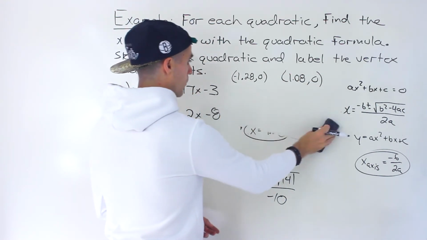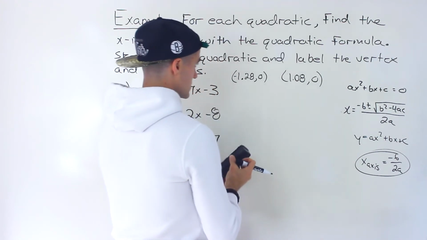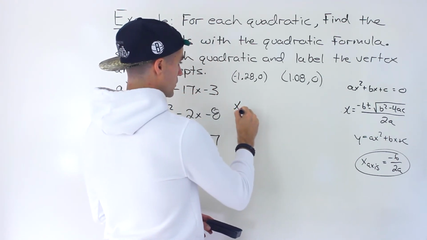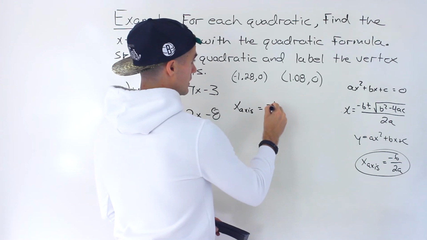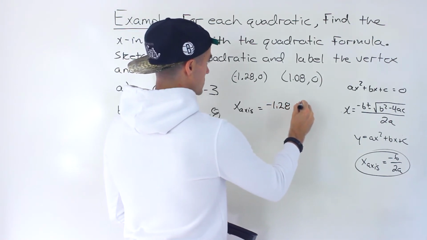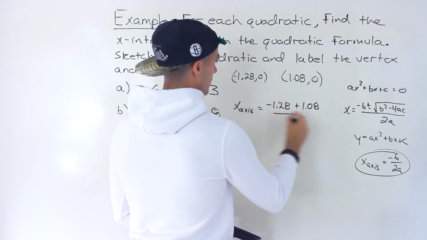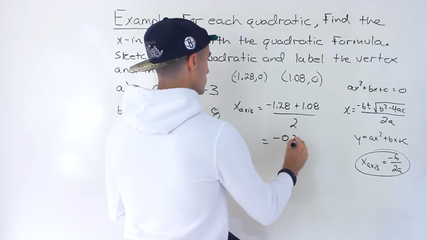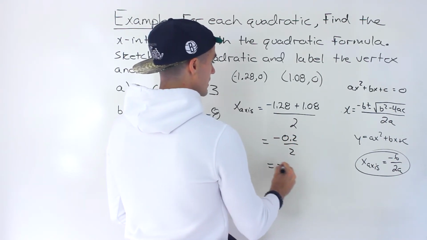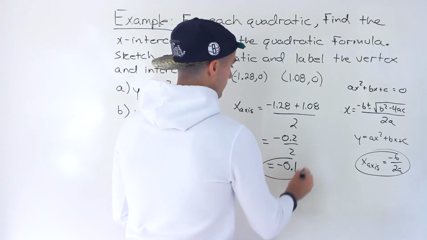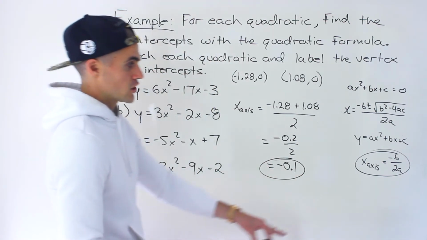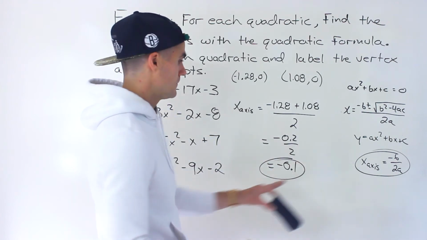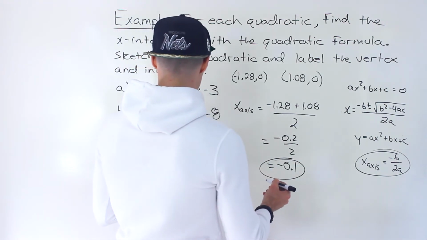Now watch what happens when we find the axis of symmetry, or the x value of the vertex. Negative 1.28 plus 1.08 divided by 2 would give us what? Negative 0.2 over 2, which would give us negative 0.1. Now, if we were to check that with this formula, what's the b value?